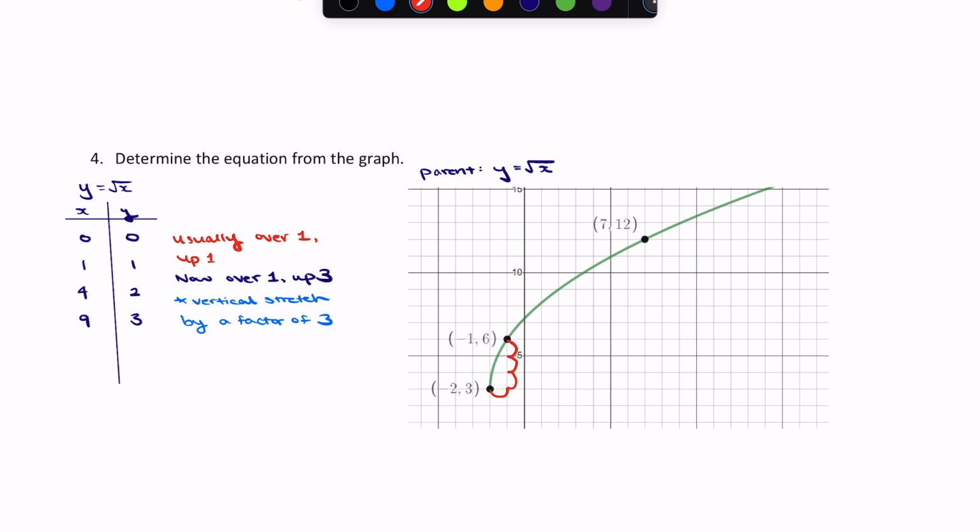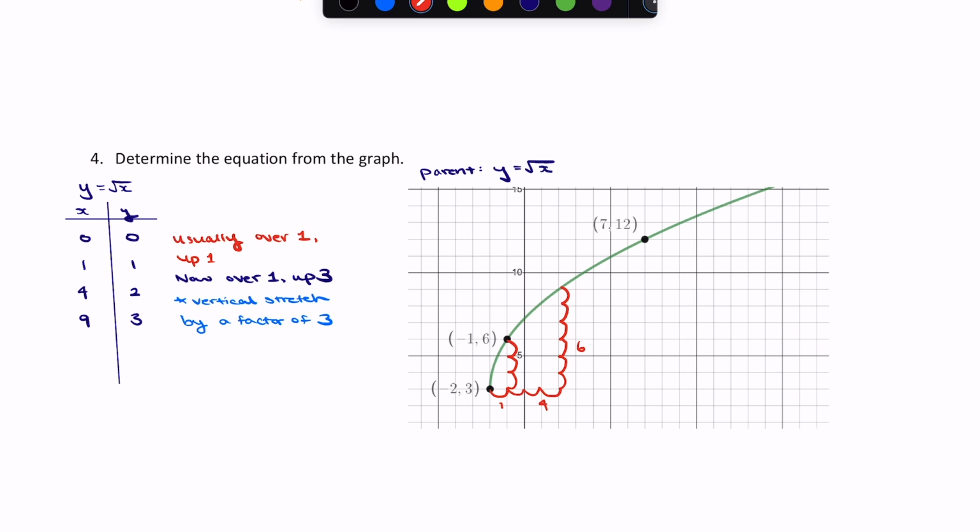And so from the origin, when we move 4 over, 1, 2, 3, 4. Let's see how much up it is. It's 1, 2, 3, 4, 5, 6. So here at 4, it's at 6. But originally we see that it was at 2. So again, we see that it's vertically stretched by a factor of 3.